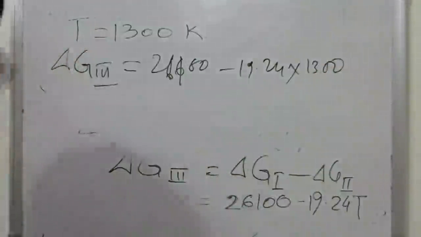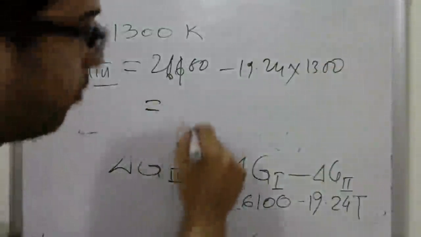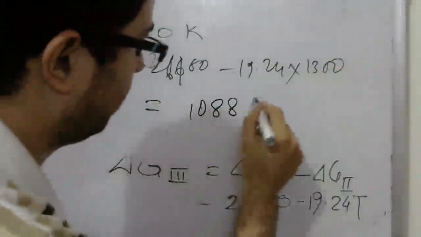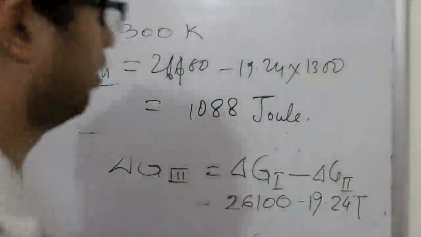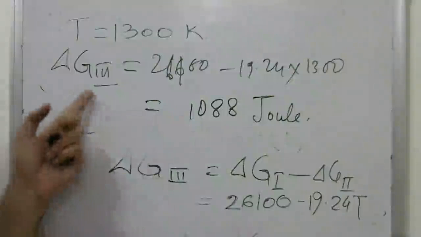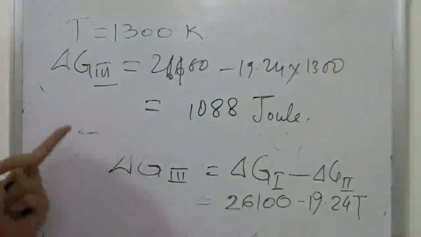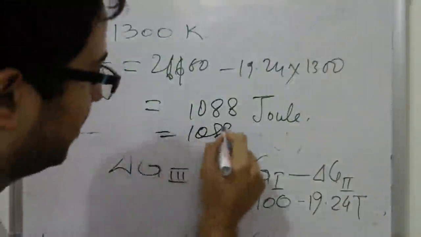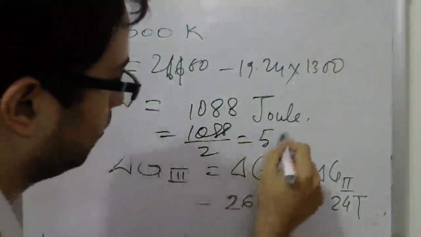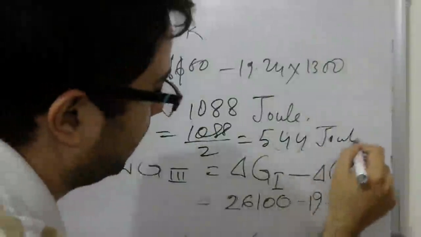Right? If you do this, you'll get 1088 Joule. Don't get surprised. We need to calculate the molar free energy. So for 1 mole of copper, we can simply divide by 2, so it gives 544 Joule. This is your answer.